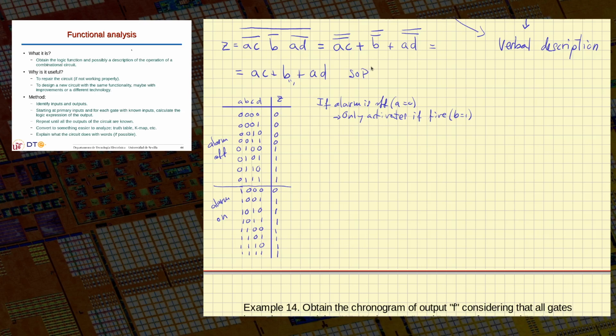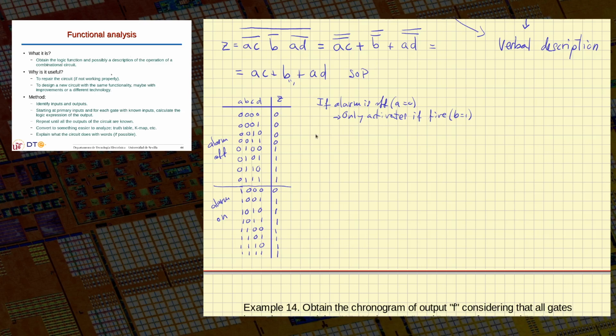Actually, this is how real alarm systems work. You can deactivate your alarm, but there are some sensors like the fire sensor, smoke sensor, CO2 gas sensor, and all these sensors that detect something risky for the life will make the alarm to ring.